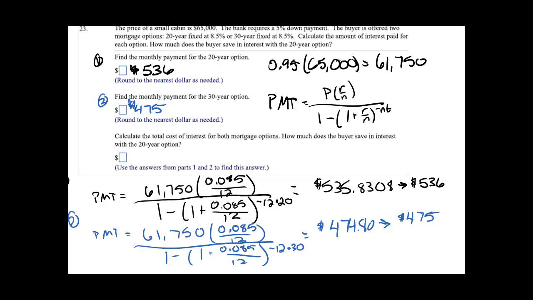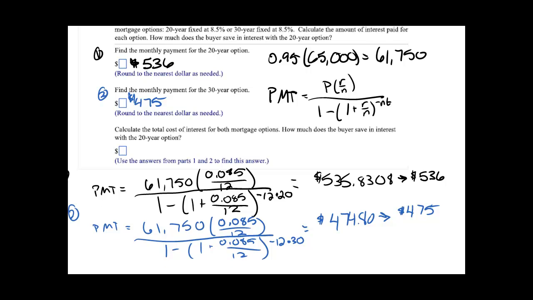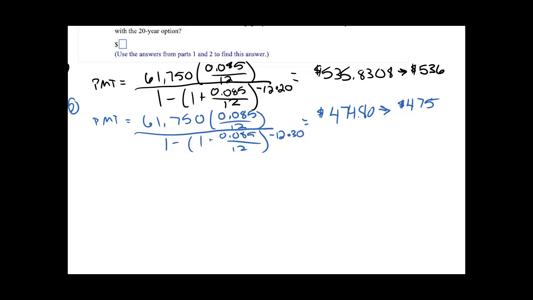Then it wants us to find out how much we're going to save. To do that, we need to figure out how much each of these loans will cost us over the life of the loan. For scenario 1, we're paying $536 every month, 12 months per year for 20 years.